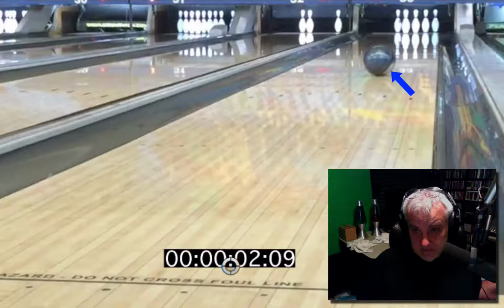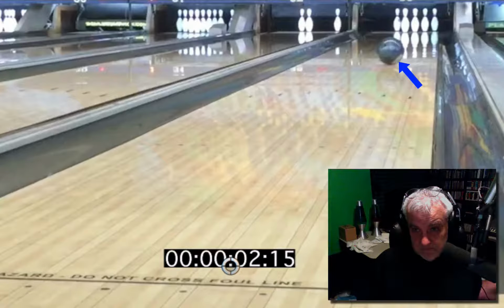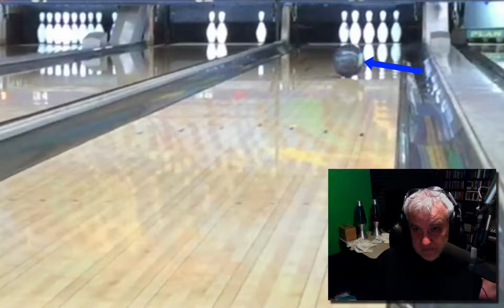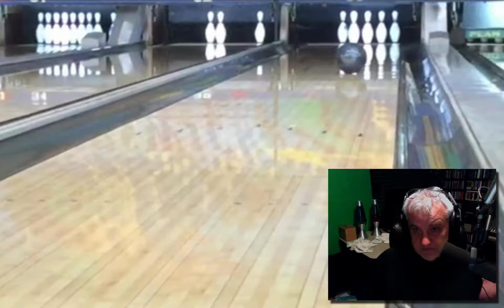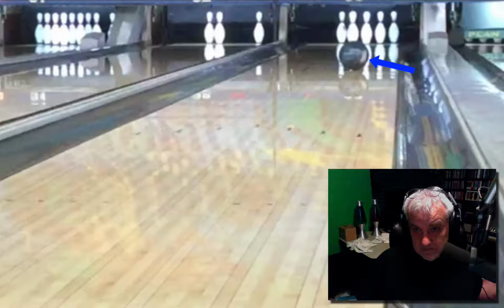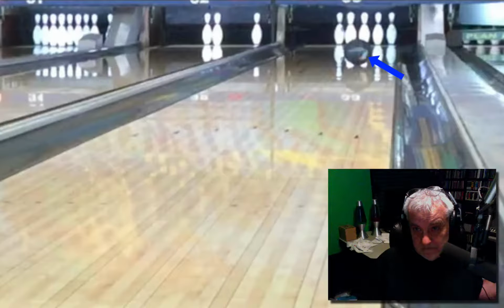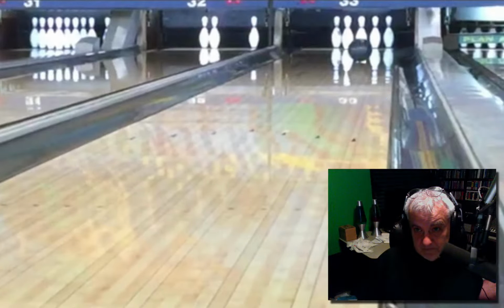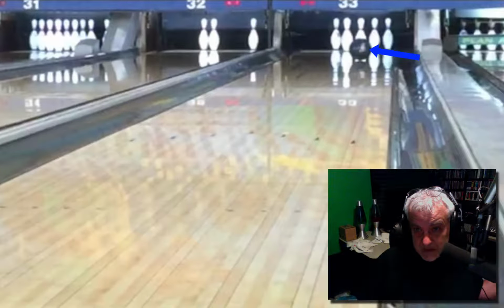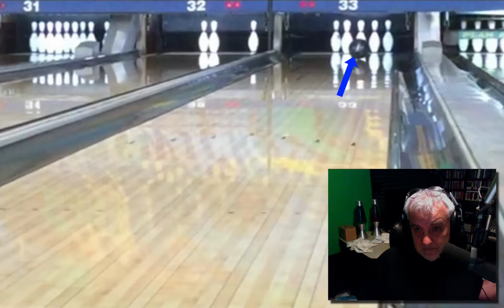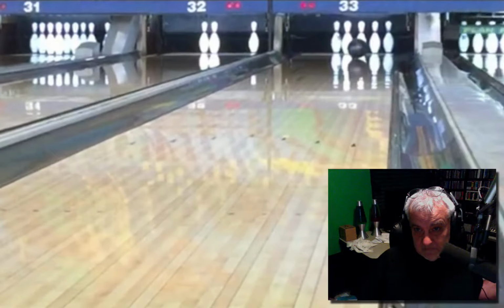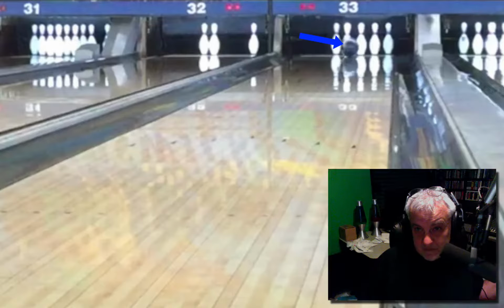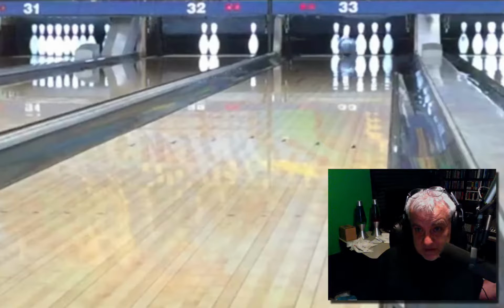That's 4 revs. 5 revs. 6. 7. 8. 9. 10. 11. 12. 13, and then it touches the pins.